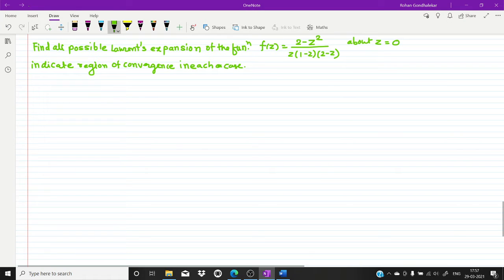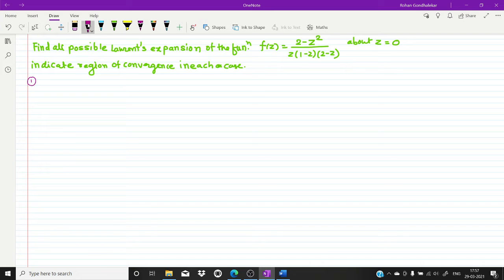Of course, as in the Taylor series expansion, our first step is to check if this has singular points. Yes, it has singular points. So accordingly, we have to identify the region of convergence. In the denominator, we have the multiplication of linear factors, so we go for the partial fraction, that is number one.